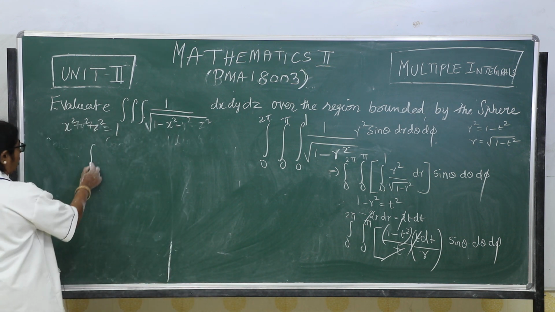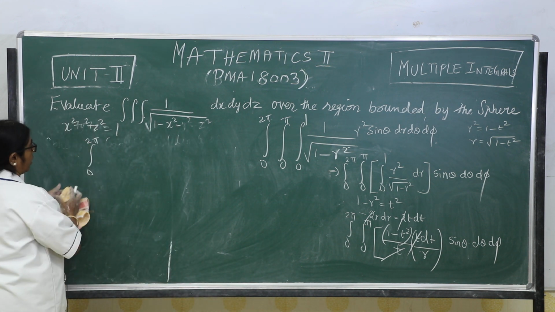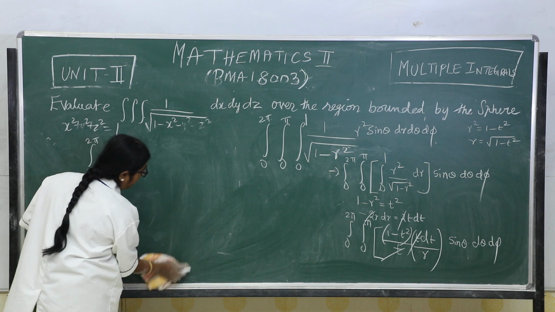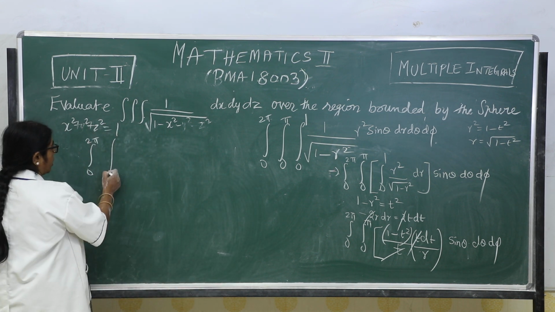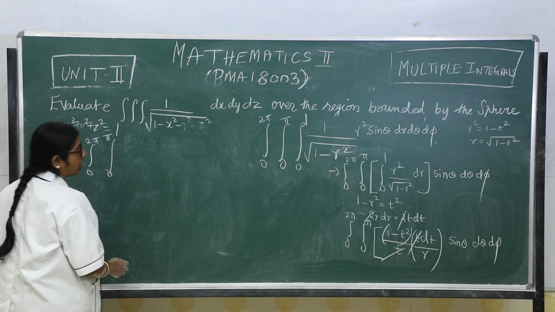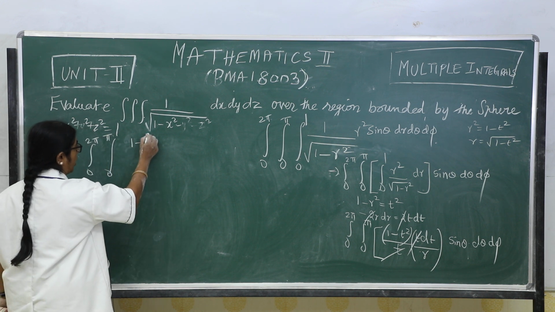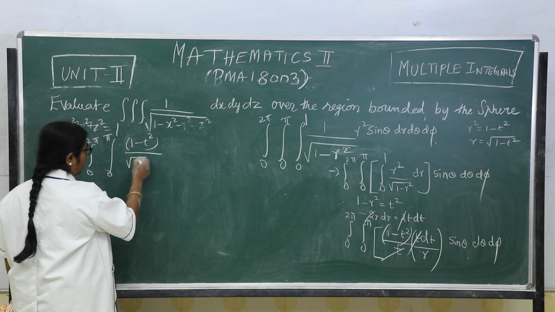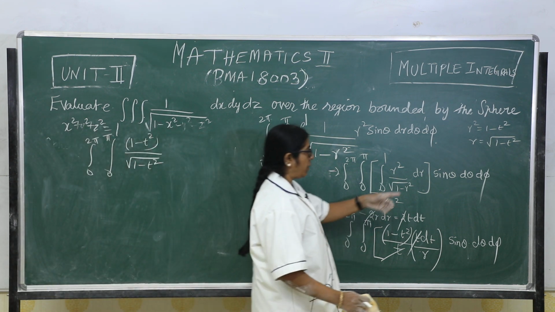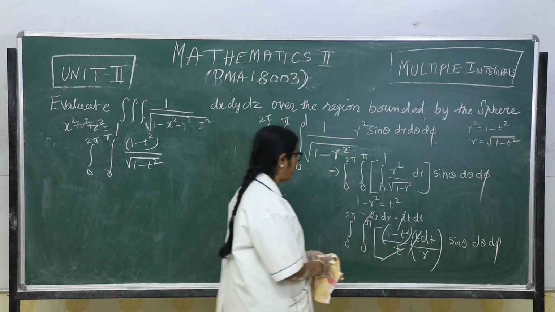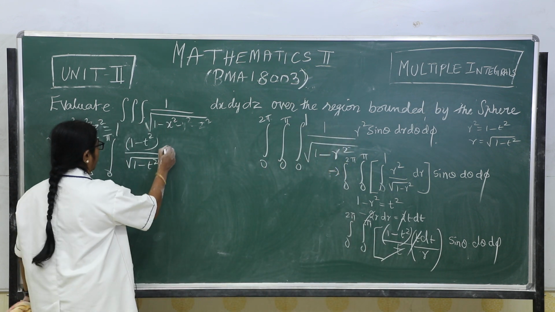So, coming here, integral 0 to 2 pi, integral 0 to pi, of 1 minus t squared divided by square root of 1 minus t squared. R could be replaced by root of 1 minus t squared, into dt.